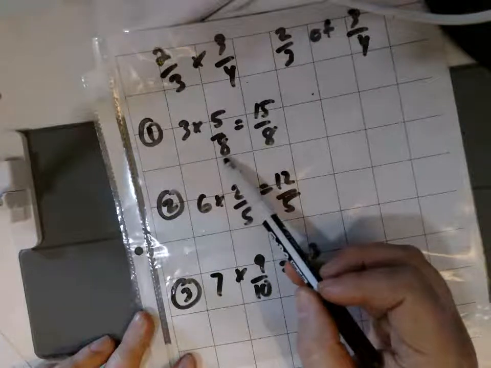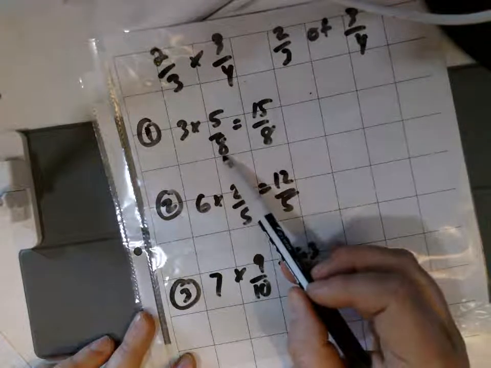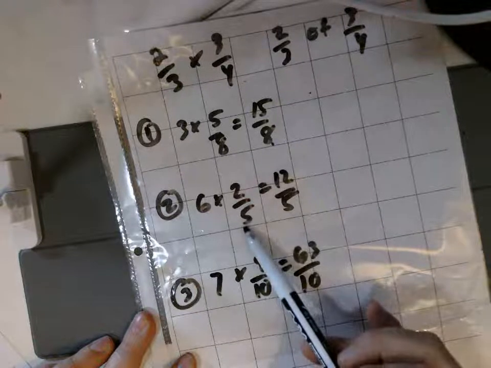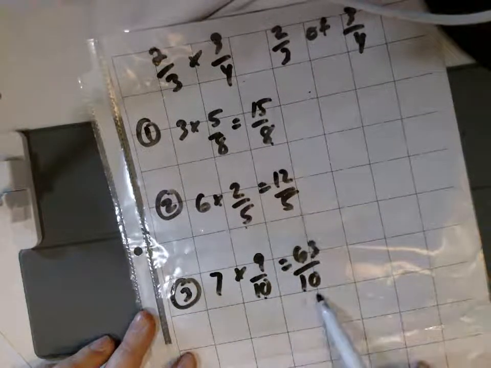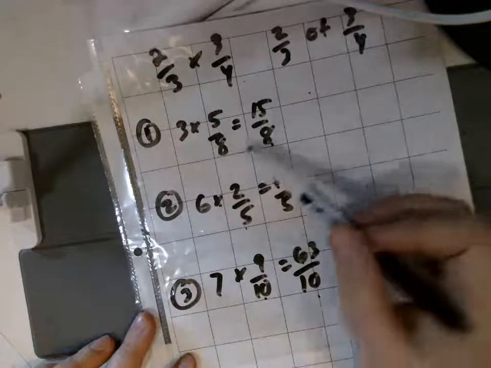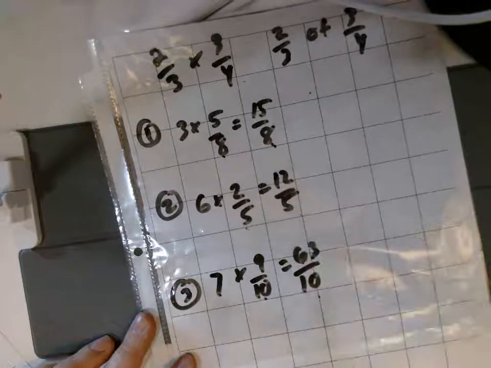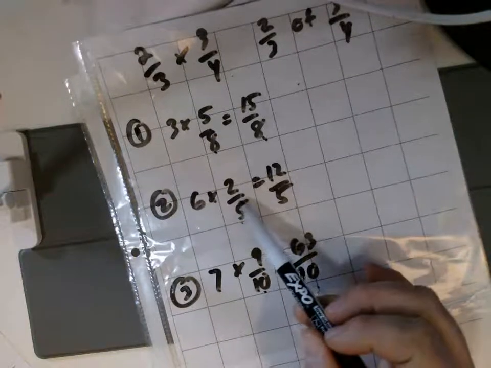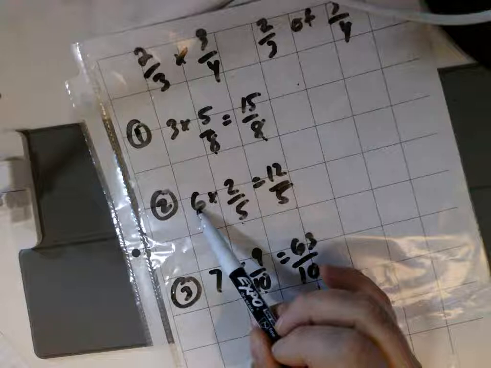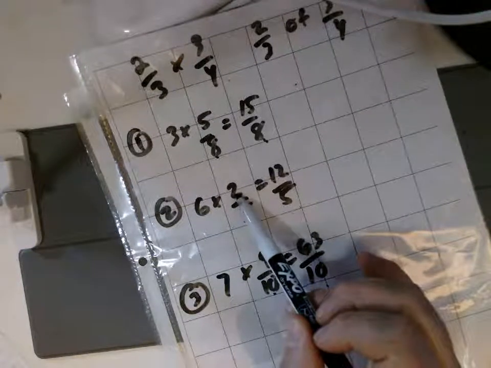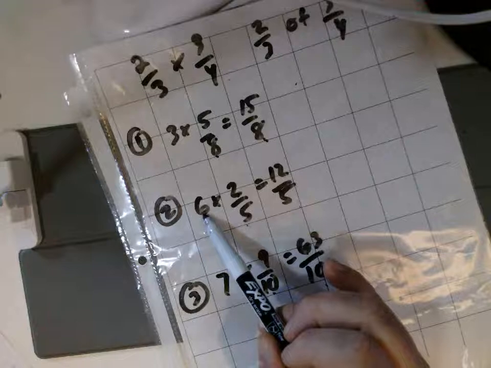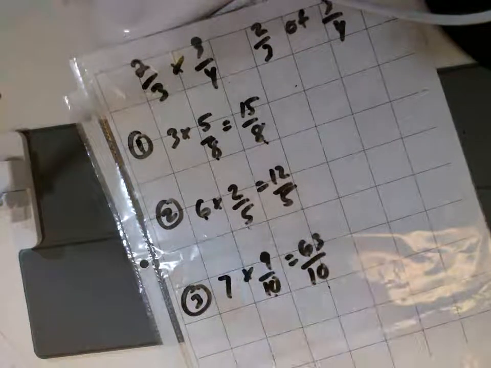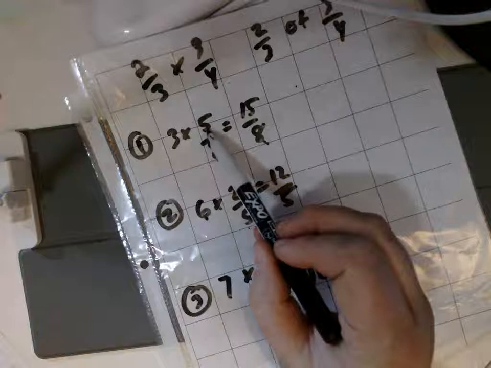Well, something I'm noticing is that the denominator is the same in the fraction and the answer. Okay. 8, 8, 5, 5, 10, 10. Okay. I'm also seeing the numerator of the fraction being multiplied by the whole. So, for example, 5 times 3 is 15.